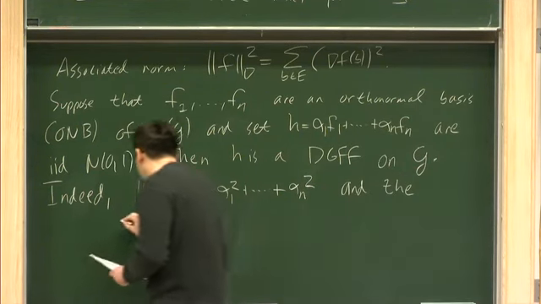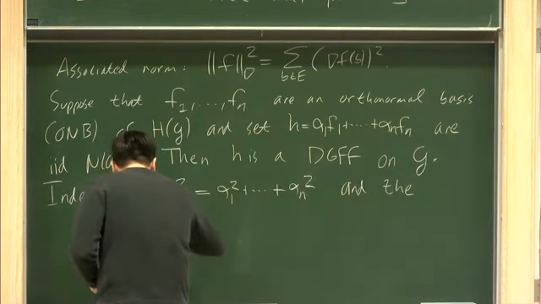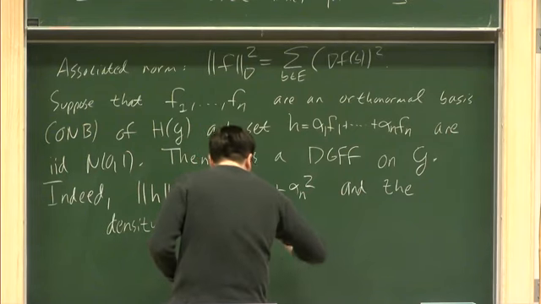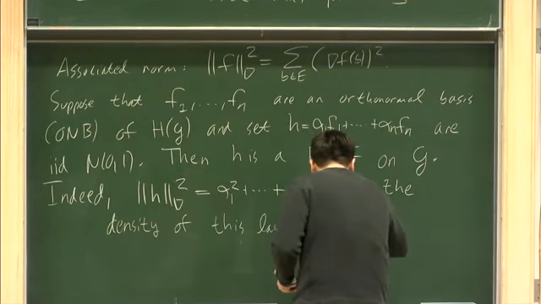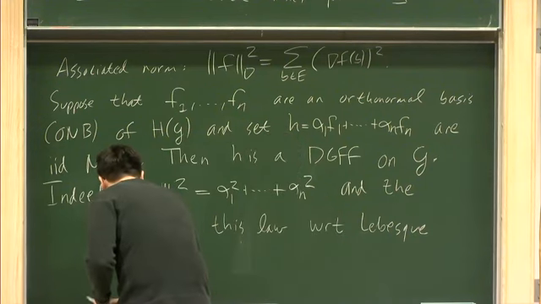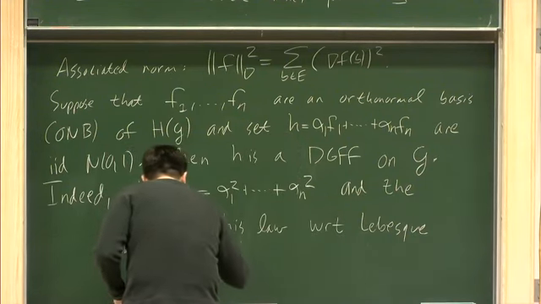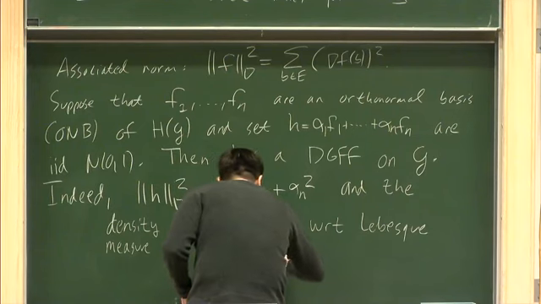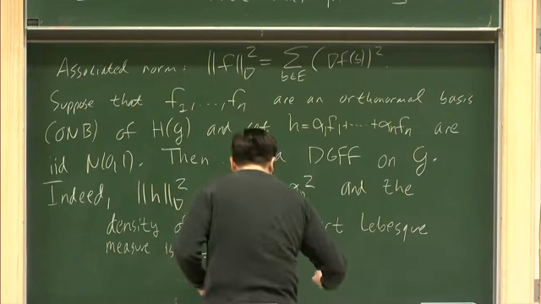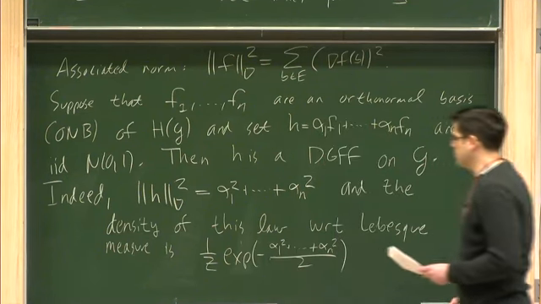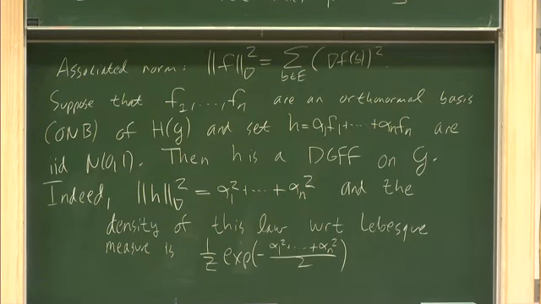And the density of this law with respect to Lebesgue measure is just given by a proportionality constant times e to the minus the sum of the squares of the alphas over 2, because this is just the usual density for n IID normal 0, 1s.